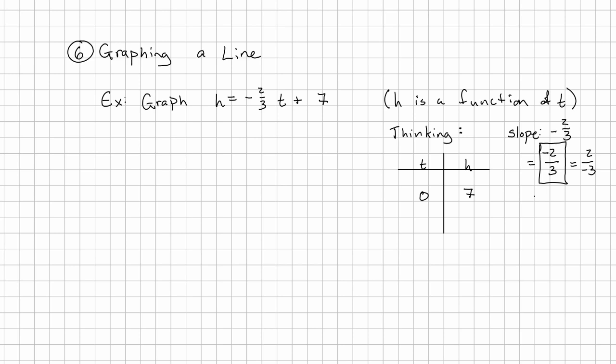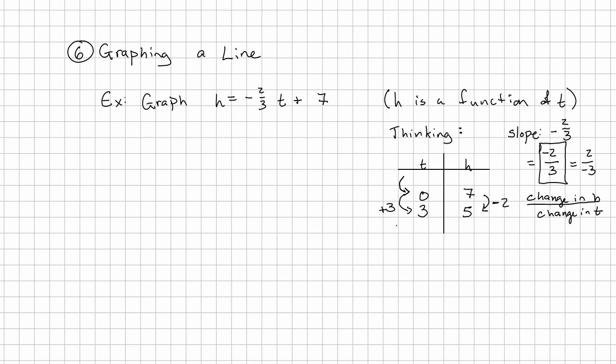And from the slope formula we saw, we know that that's the change in h over the change in t. So that means I can think I have a change in h of -2 and a change of t of +3. So that means I'm going to have a point 3, right? 0 plus 3 is 3. 7 minus 2 is 5. That'll also be a point on my graph.